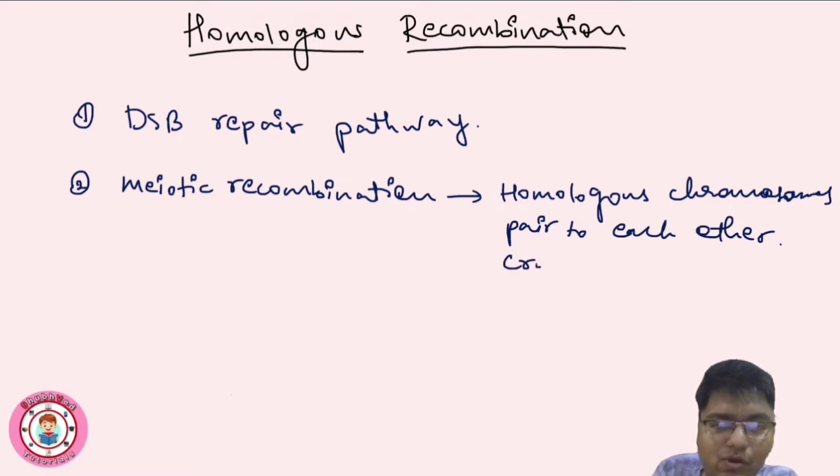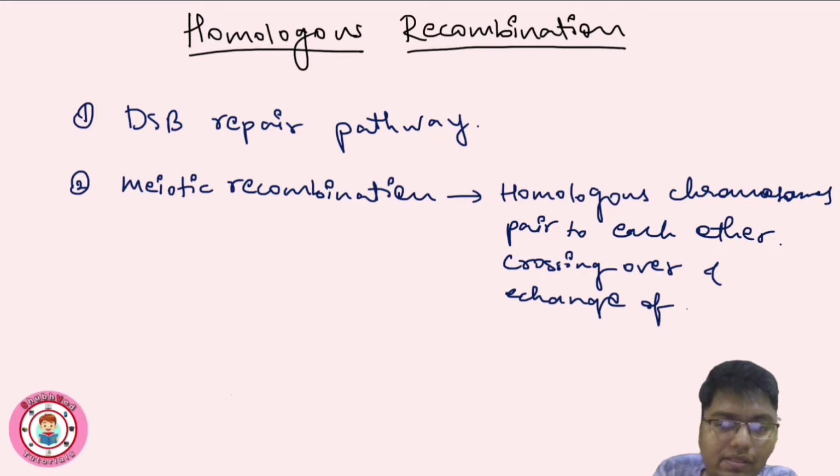Crossing over takes place, with exchange of genetic material, exchange of DNA. So this takes place in meiotic recombination.